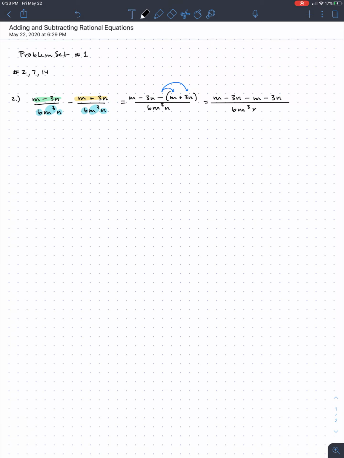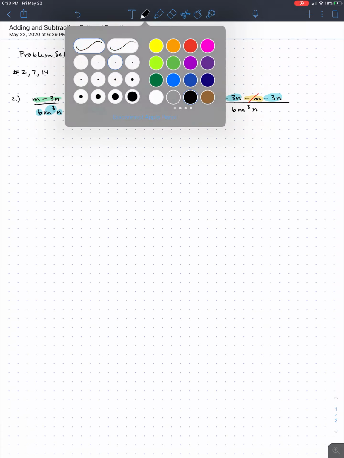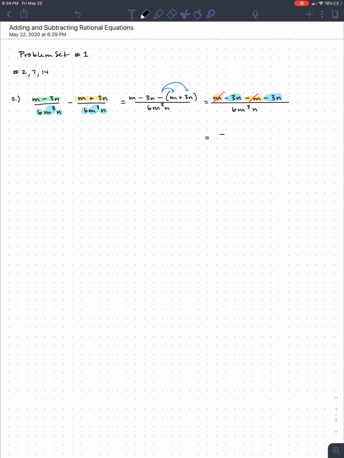All right, so let's see what I have. Now I have a positive m and a minus m, so those are going to cancel out. And then I have negative 3n minus another 3n. So that's going to simplify to negative 6n over 6m cubed n. Now remember, in our last examples, we had one example where our fraction actually reduced.